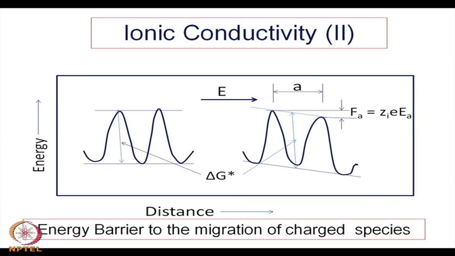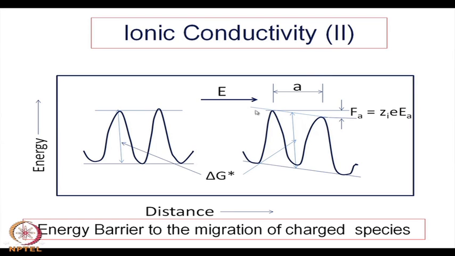If there is an electrical field of, let us say, E, and an interparticle distance of A, the force experienced by that particle is the ionic charge times the field. So, when an electric field is applied, a force is experienced, and there is a depression of the energy in this direction.